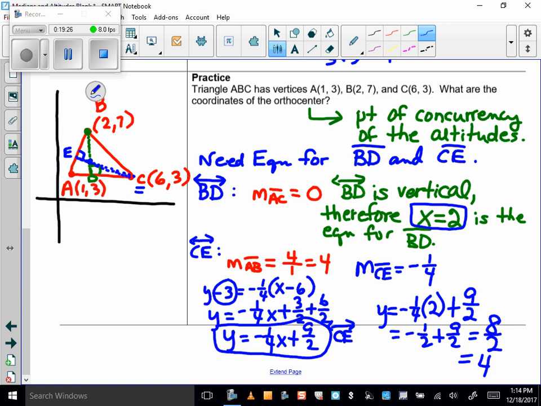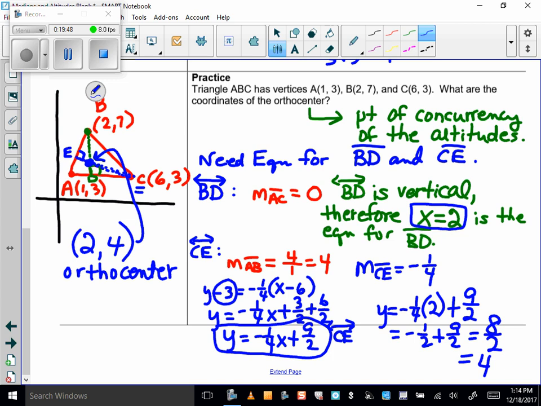So that gives me 2, 4. Those are the coordinates for the orthocenter. So that's how you're going to do a problem like that.